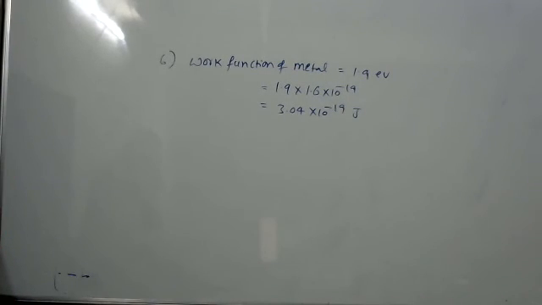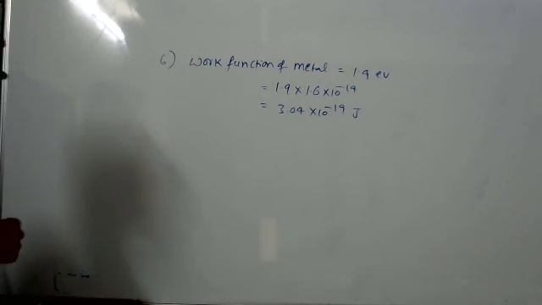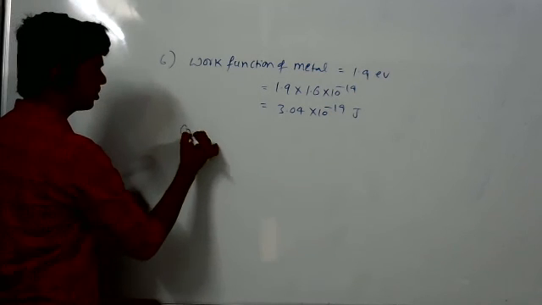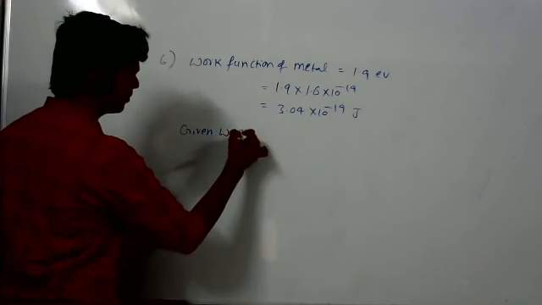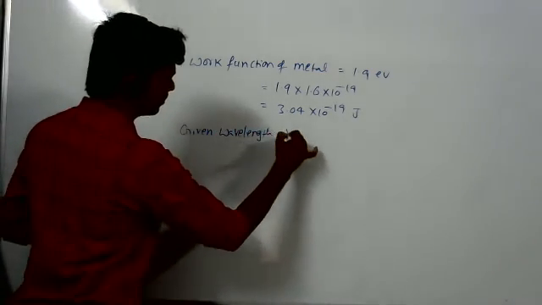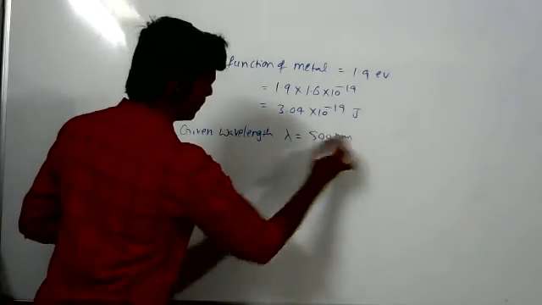Next, 500 nanometer radiation is allowed to fall on the metal plate. Convert this into energy.